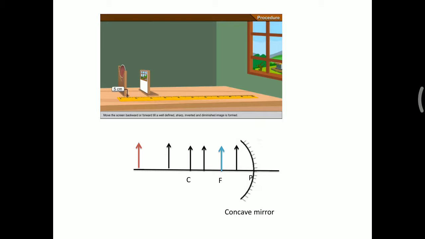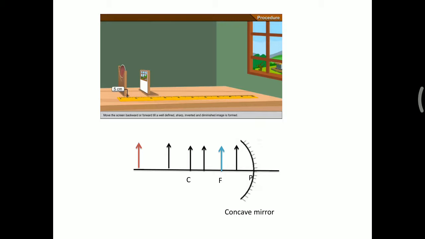But in this diagram, we kept the object at infinity distance. So the red arrow mark is the object. The image is formed at focus. You will understand later how the image is formed at focus.